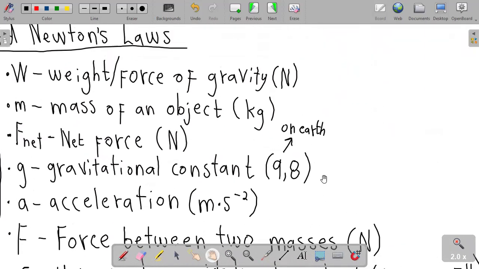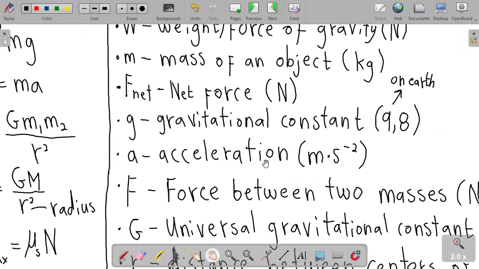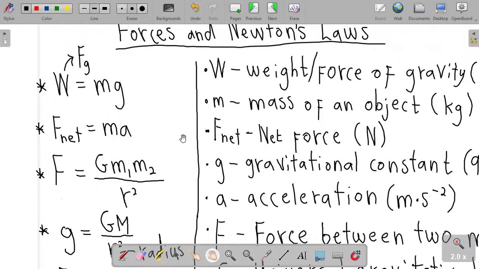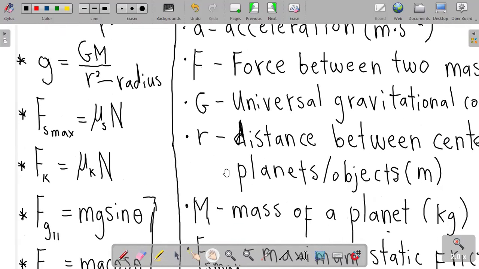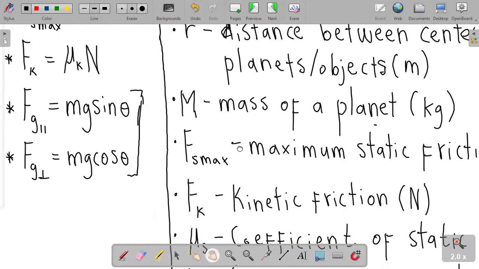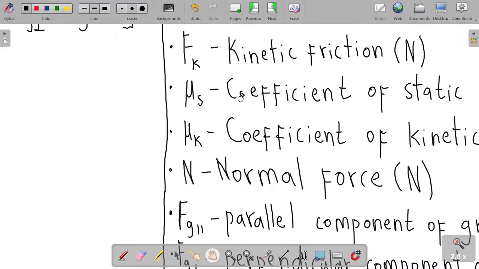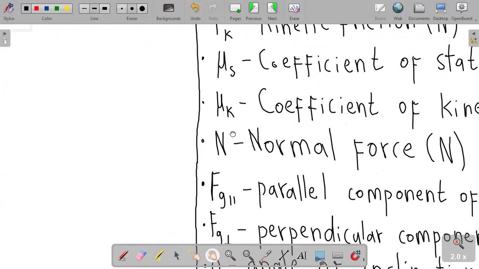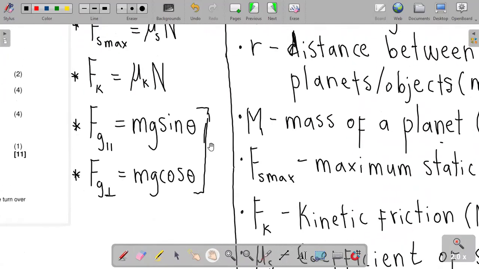I wrote them down here so you can make reference to them, because this is a list of formulas. Like I said, sometimes the weight can be called force of gravity, or gravitational force. Over here is a very extensive list of the formulas.